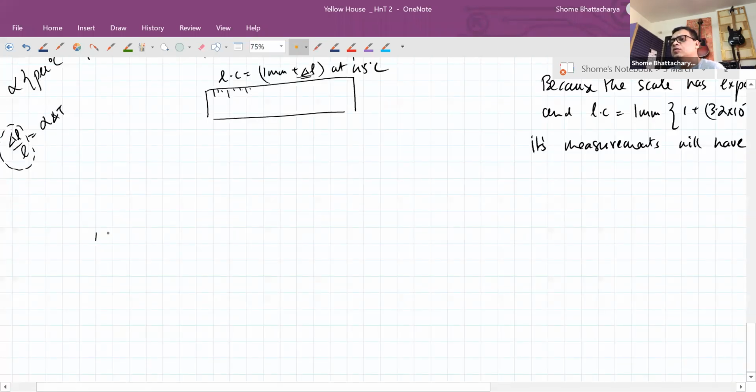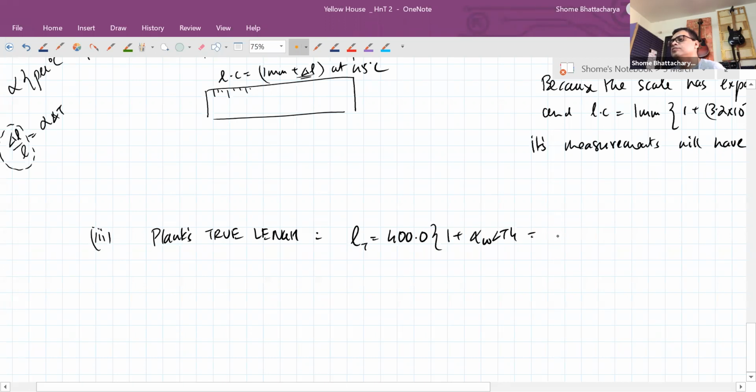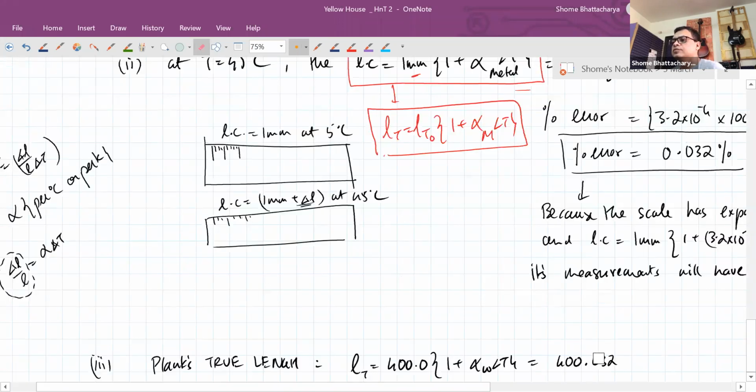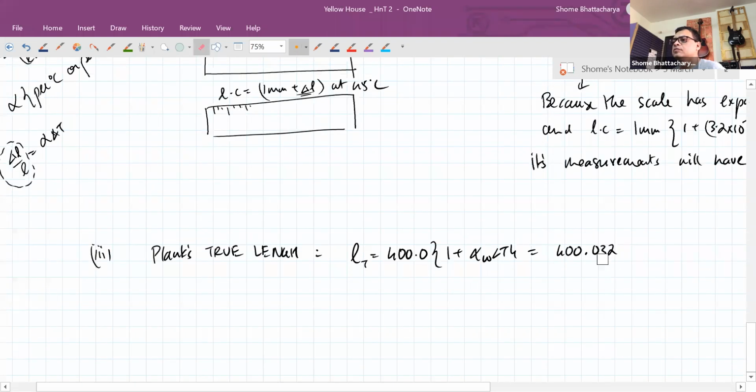So now the plank's true length, you've seen, has become 400.32.